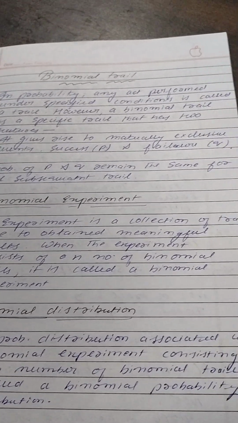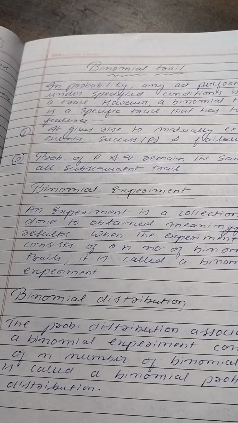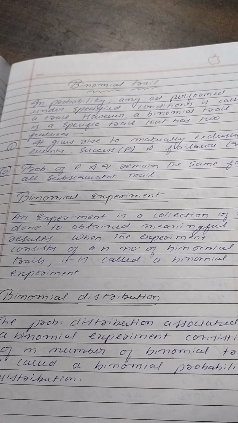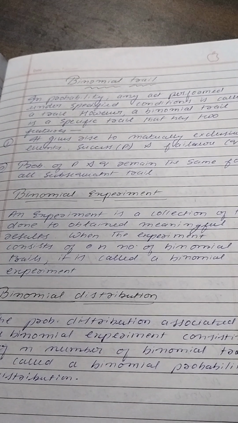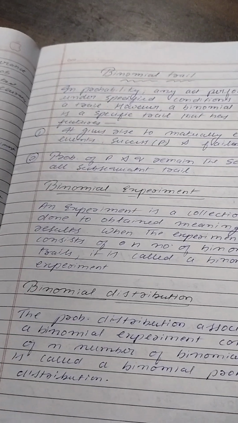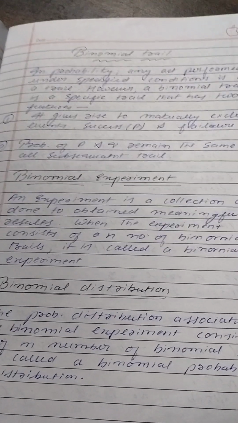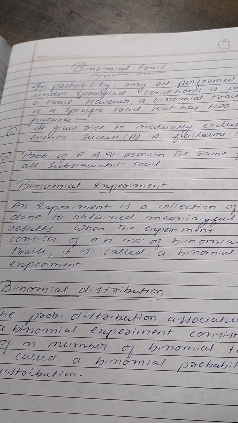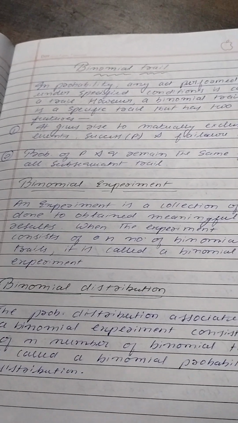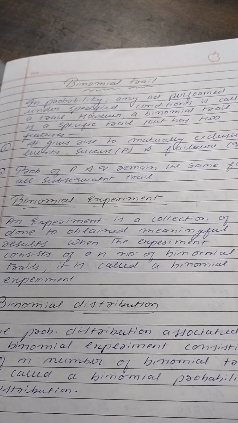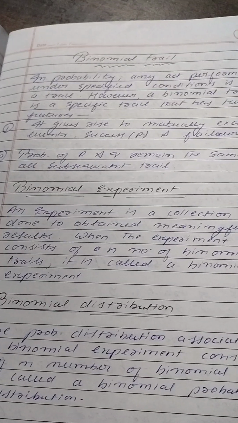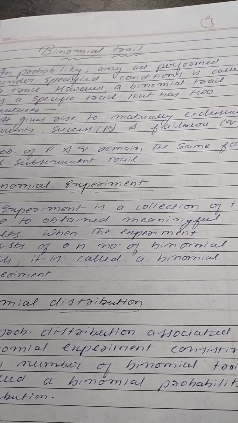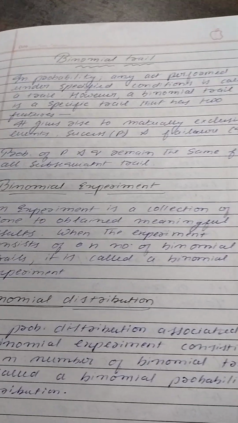And then we have the binomial experiment. An experiment is a collection of trials done to obtain a meaningful result. When the experiment consists of n number of binomial trials, it is called a binomial experiment. If you get the result like this girl is studying from this to this, you are making the probability, right?